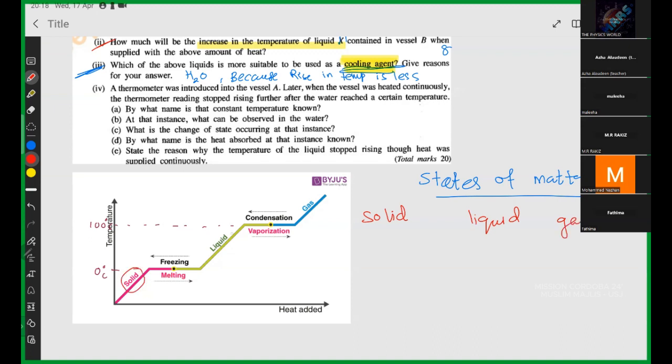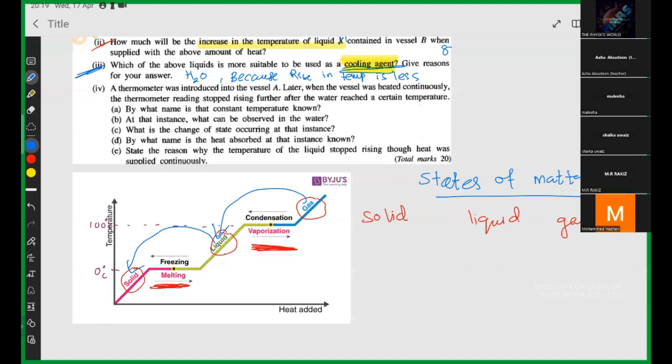Solid becoming liquid, you call as melting. Liquid becoming gas is called vaporization. The reverse process, gas becoming liquid, is condensation. And liquid becoming solid is freezing. Are you all okay with these words?